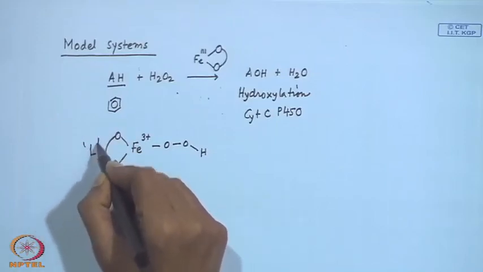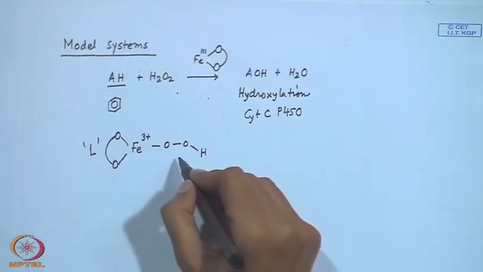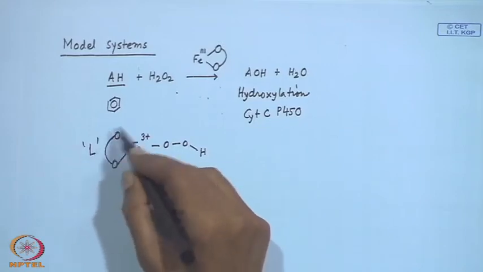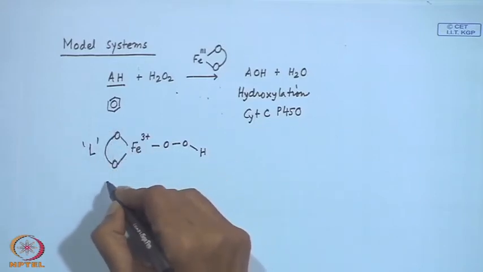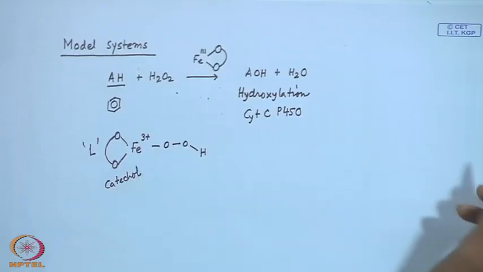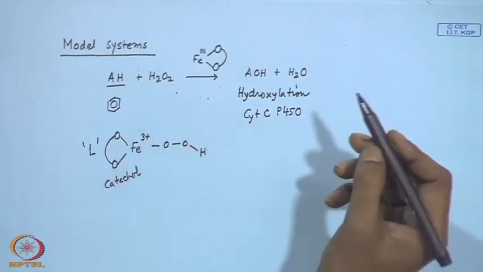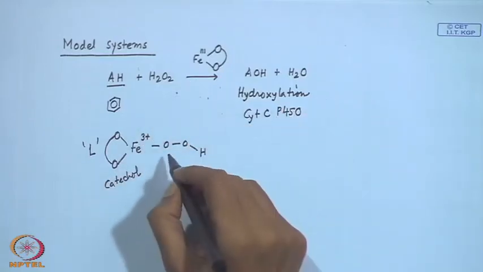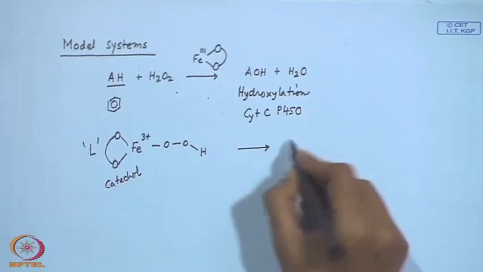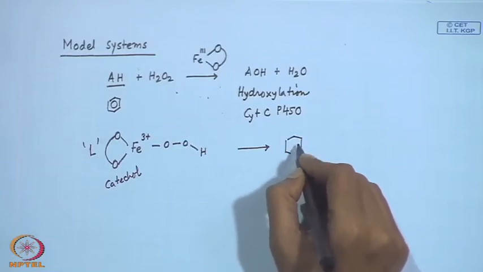So, the ligand will play an important role in these reactions, and then you have the hydrogen peroxide, and if this unit is a catechol, which is a very useful ligand, that catechol ultimately can give rise to oxidation to produce quinone.